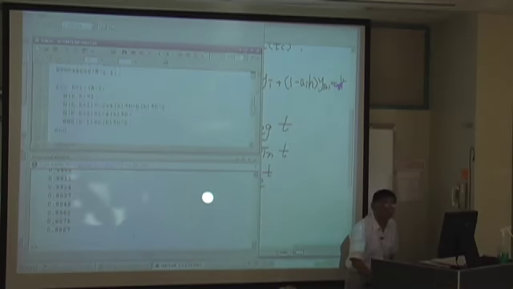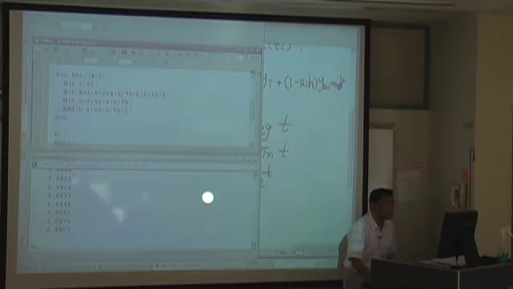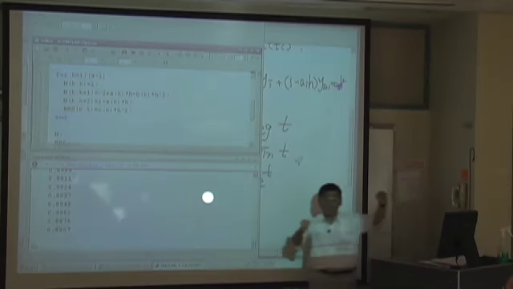You mean this one? This is the crux. This is the crux. And then we chop these parts.